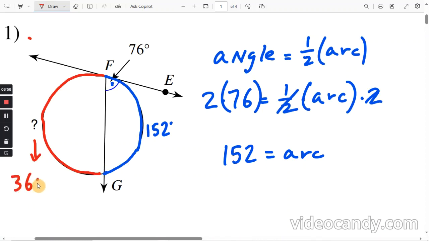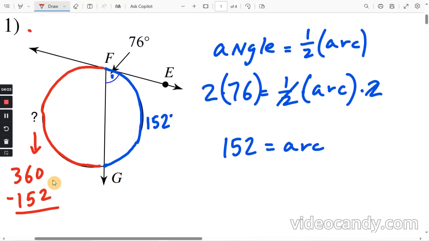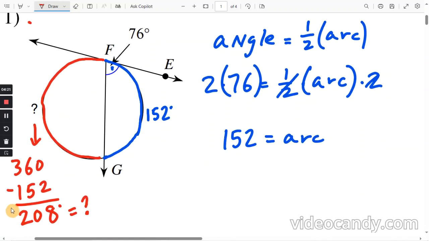So that's just going to be 360 minus 152. 10 minus 2 is 8. 5 minus 5 is 0. And 3 minus 1 is 2. So that is going to be 208 degrees. And that equals this arc, represented by the question mark. So that's it for problem number 1.